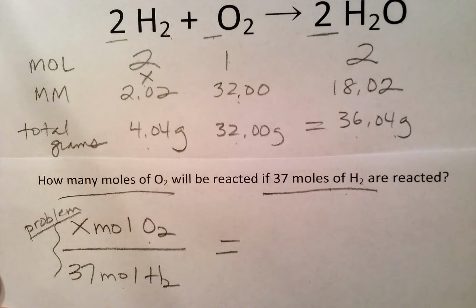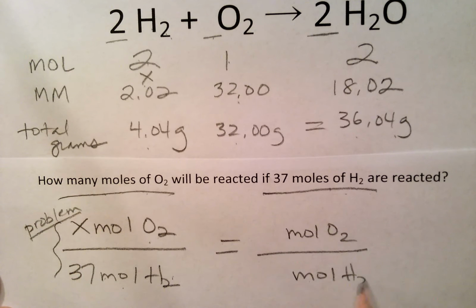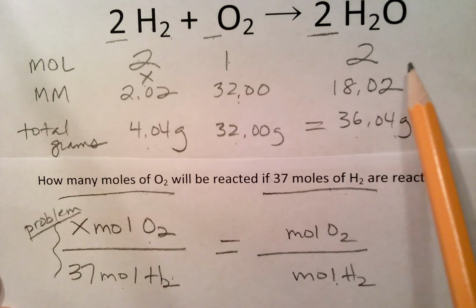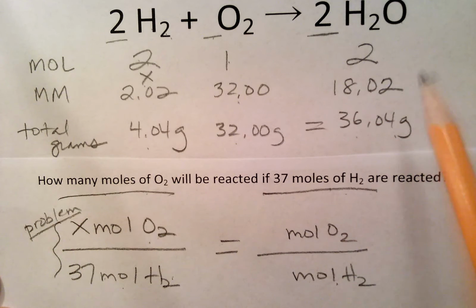We have to keep the same units on both sides: moles of O2 over here, moles of H2 over here. We're just going to look at our mole row because we're just doing moles to moles. So 1 mole of O2 goes here, and 2 moles of H2 go here.